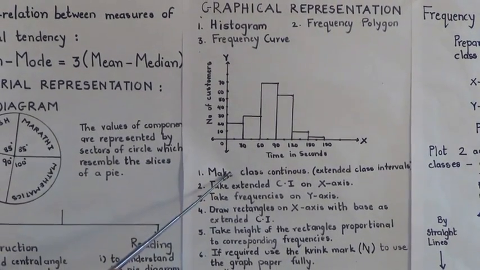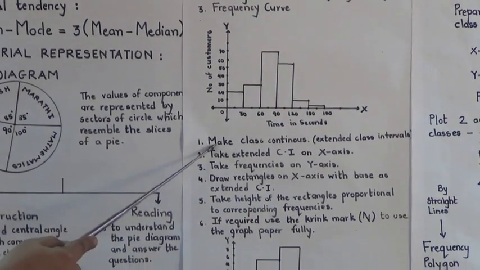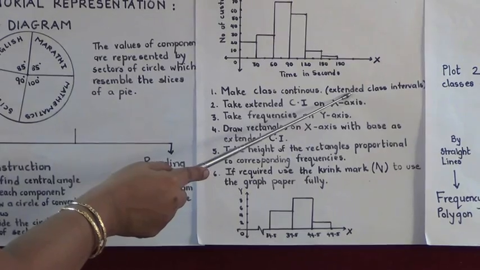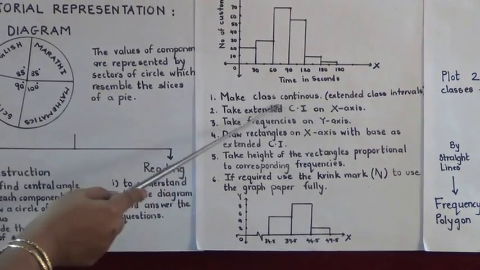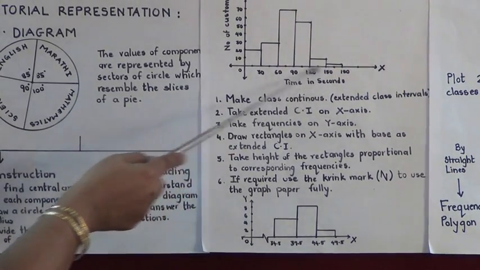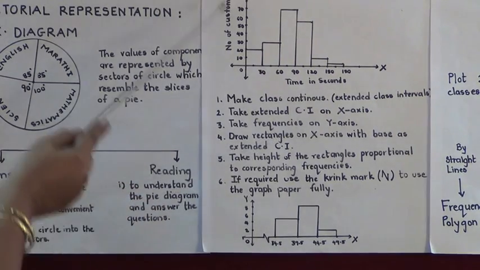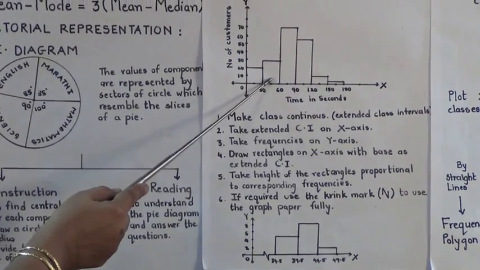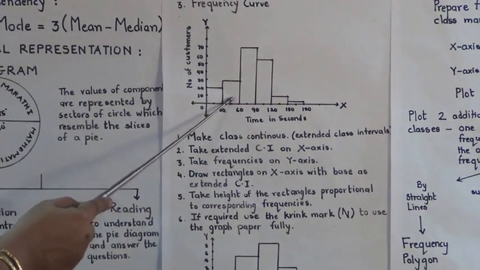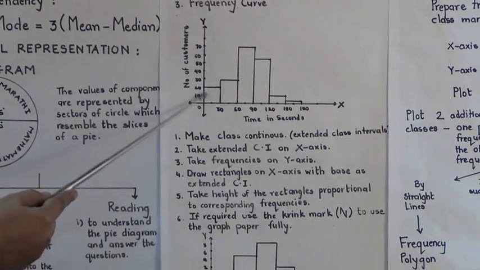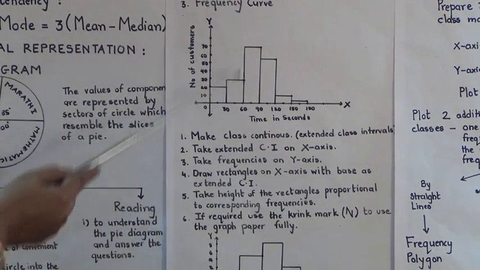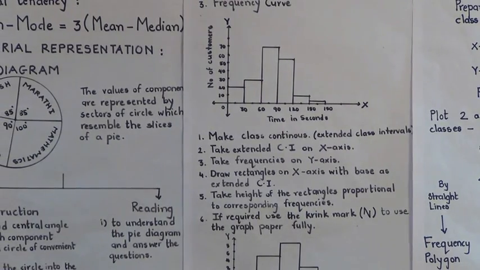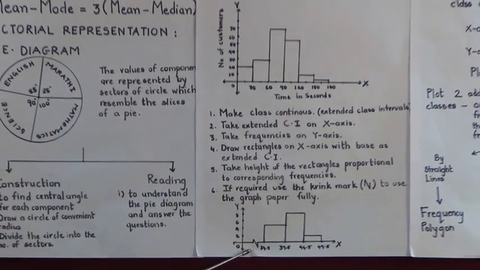So the important points in plotting a histogram are: first, making the classes continuous, which are also called extended class intervals. Then you have to plot these extended class intervals on the x-axis, take the frequencies on the y-axis, draw rectangles on the x-axis with the base as the extended class intervals, take the height of the rectangles proportional to the corresponding frequencies, and if required, use the kink mark to use the graph paper fully.